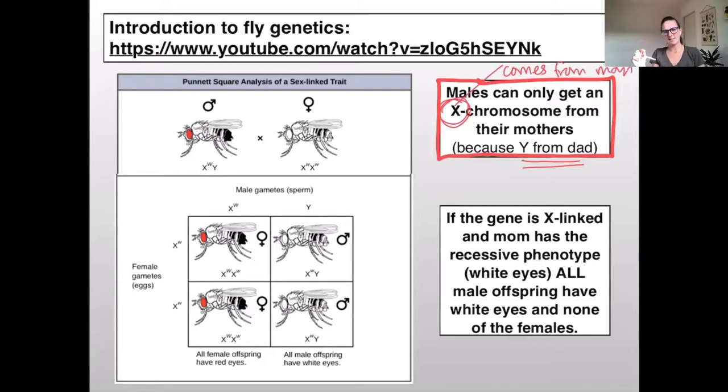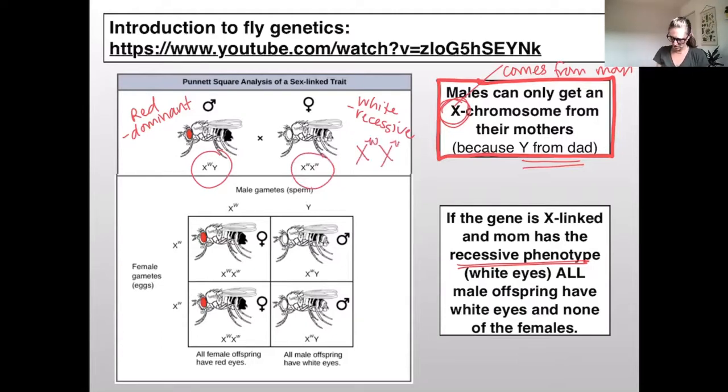If the gene is X-linked and mom has the recessive phenotype, what's going to happen? Here we're looking at two kinds of flies, with an eye color phenotype where you can be red, the dominant phenotype, or white eyes, the recessive phenotype. The male had an X big W, and the female had two little W's.